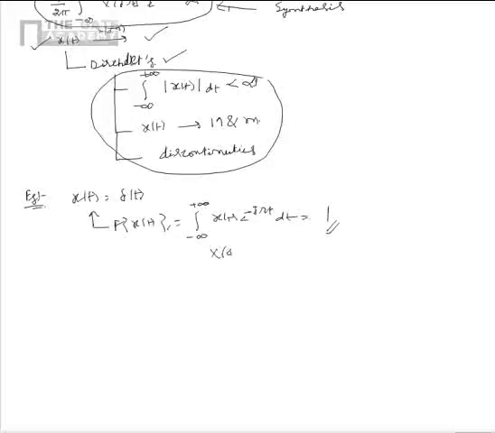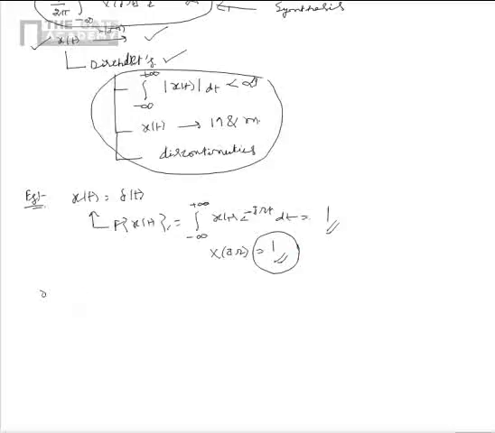From this we see that the continuous time Fourier transform of the impulse function is 1, which means that all the frequencies are present in the frequency representation of delta of t, and the magnitude at all the frequencies is the same.